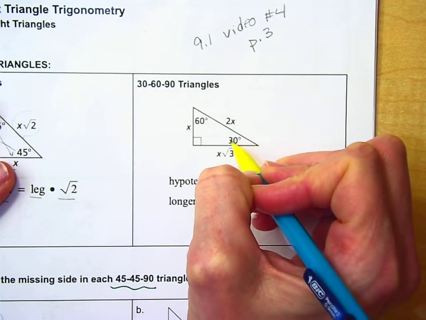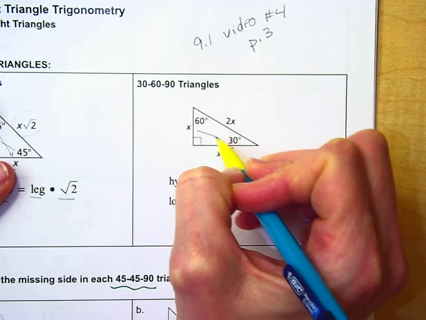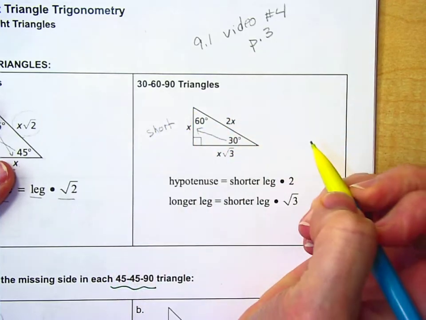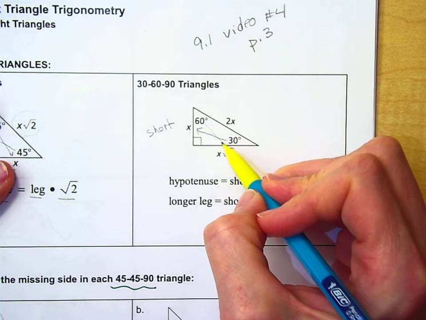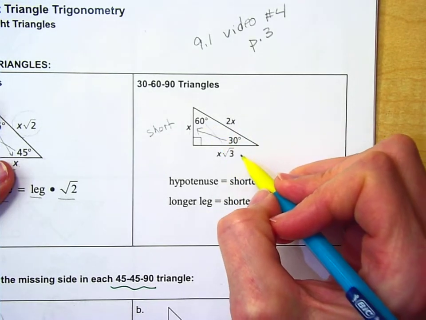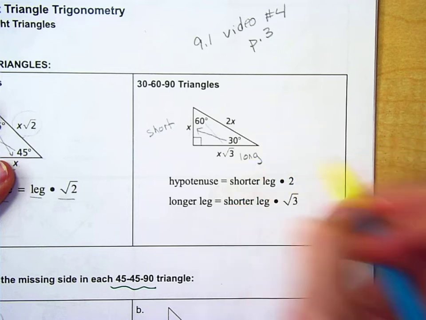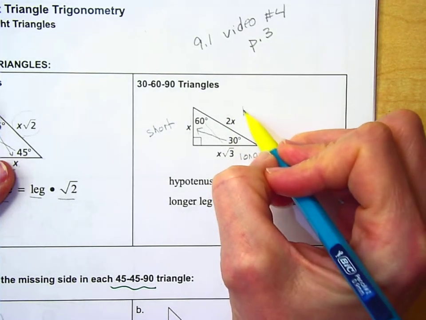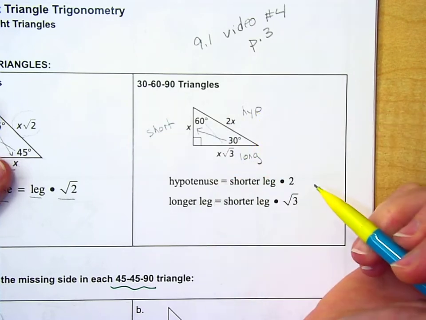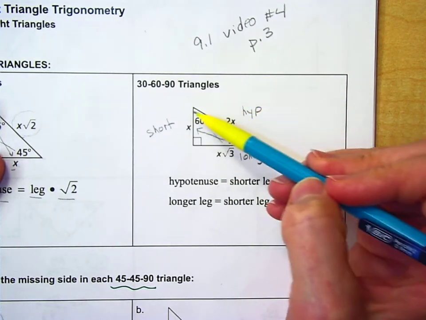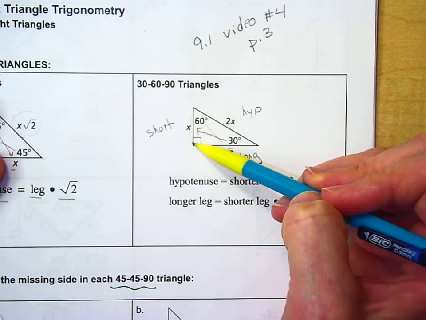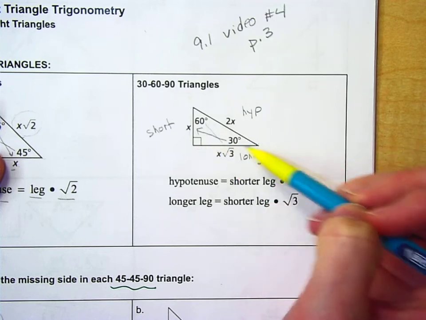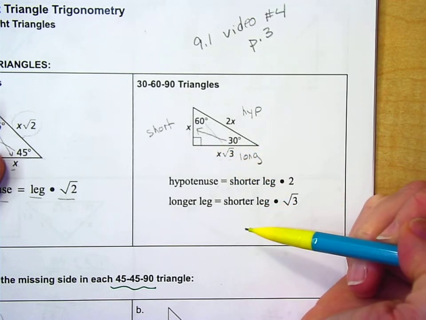So 30 degrees is less than 60, so the side opposite the 30 is going to be our short side, and the side opposite the 60 is going to be our long side. And our hypotenuse is right here, and that we're going to call 2x. So the relationship here is the short side is x, the hypotenuse is 2 times x, and the long leg is x times the square root of 3.